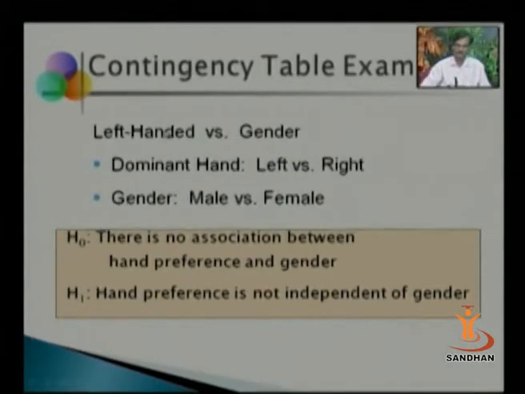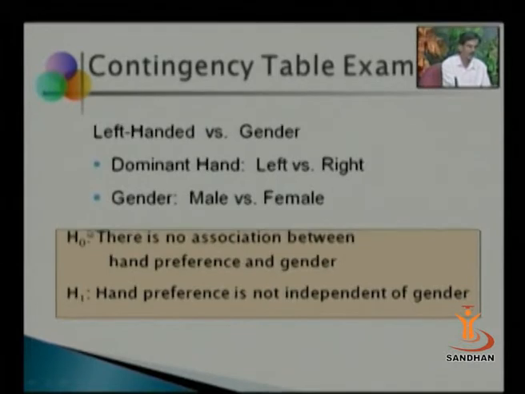Here let us consider a numerical example for this contingency table. Let us discuss first a 2 by 2 example, a 2 by 2 contingency table. Suppose we have data about students, their gender, and their dominant hand. Some are left-handed, some are right-handed, some are male, some are female.